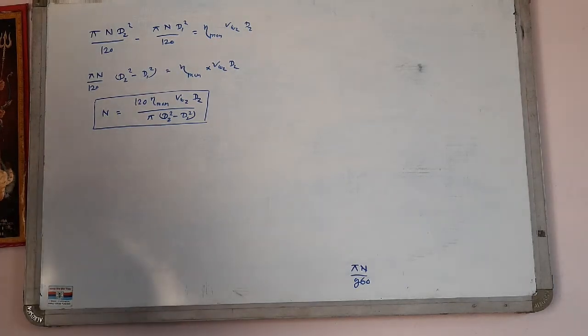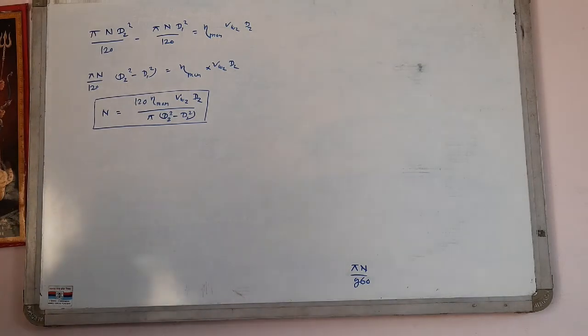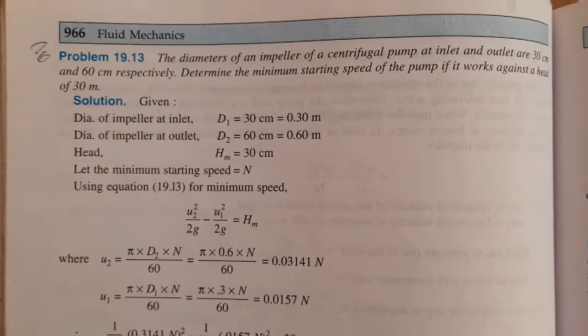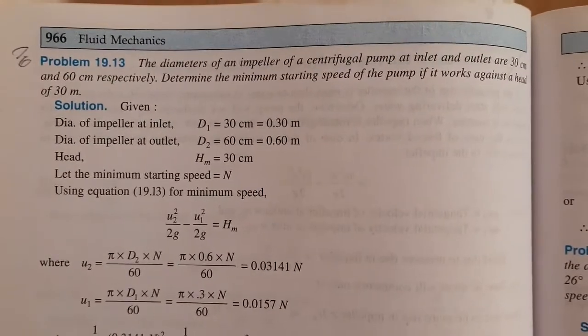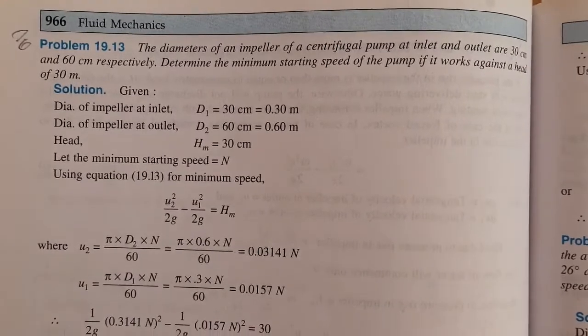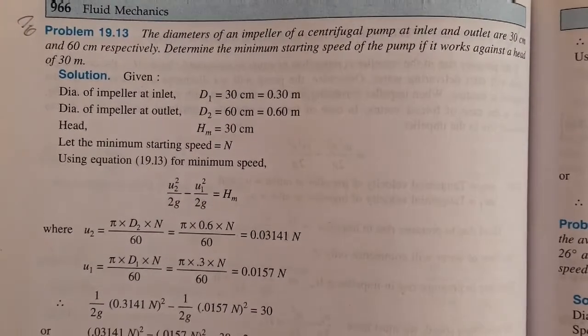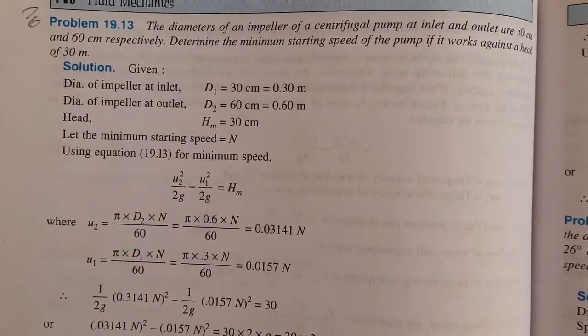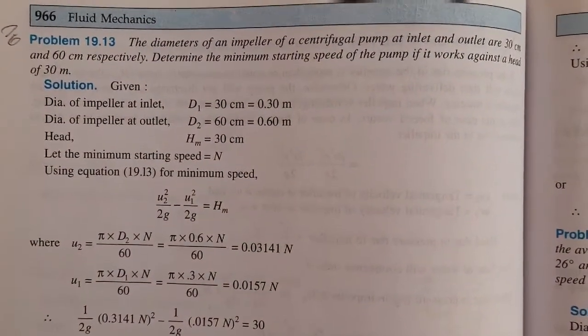Now we will solve some numericals on this topic of centrifugal pump. The diameter of impeller of a centrifugal pump at inlet and outlet are 30 cm and 60 cm respectively.